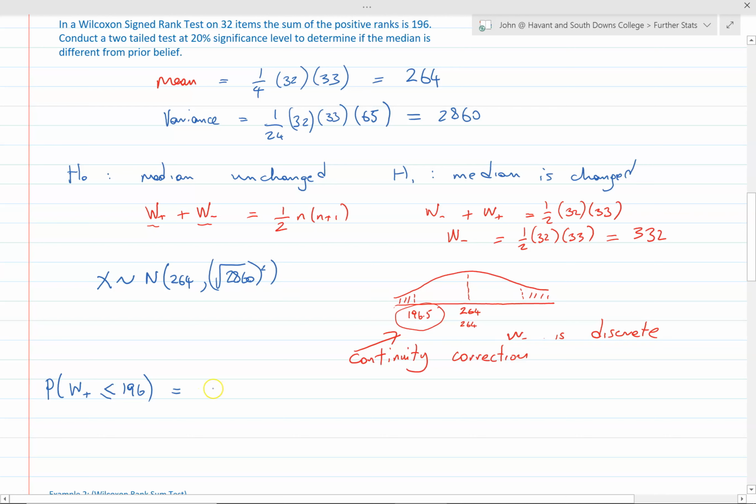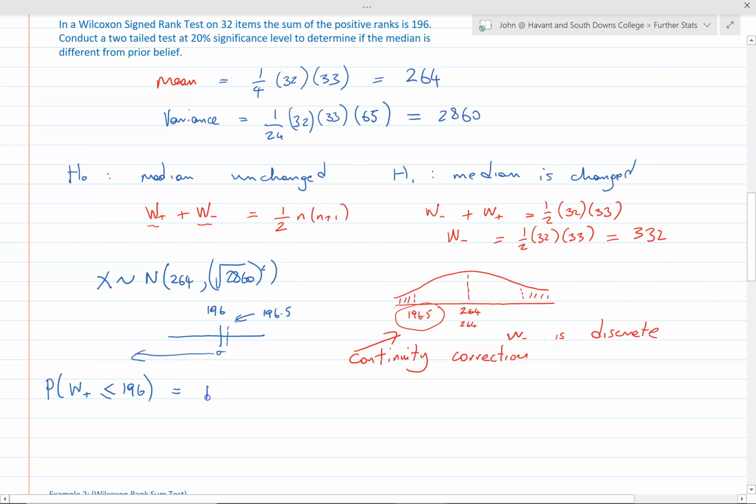So using a continuity correction, we always extend backwards. If we had 196 here, we're going in that direction. Always extend backwards. So that gives me the 196.5. It makes the number line bigger, basically, the continuity correction.